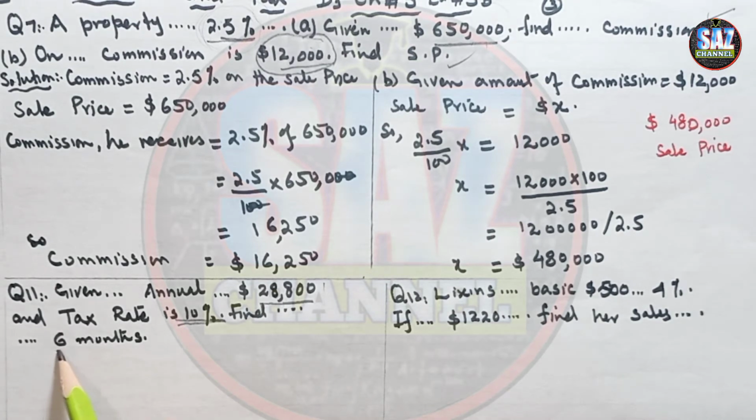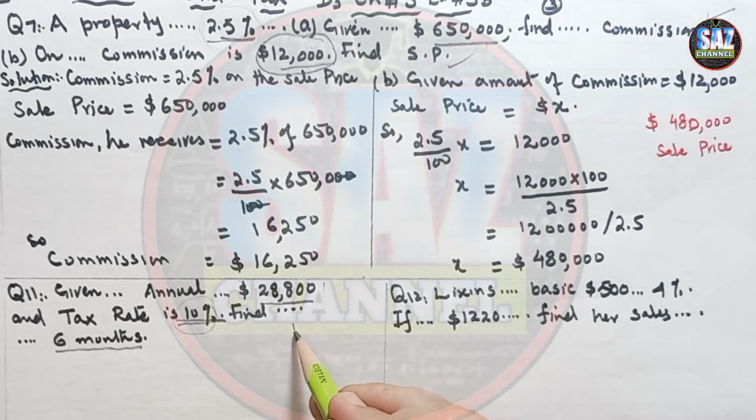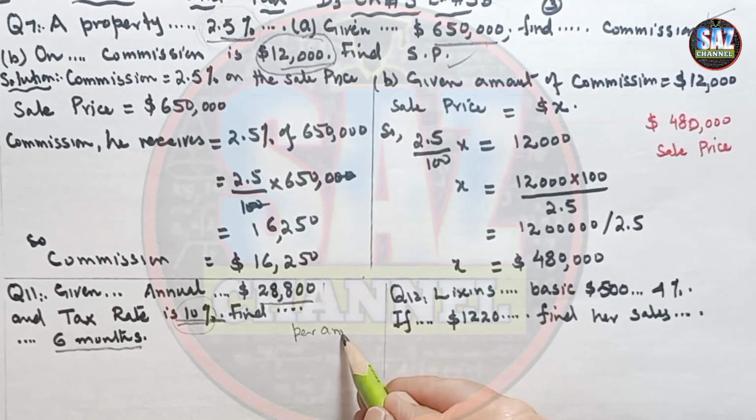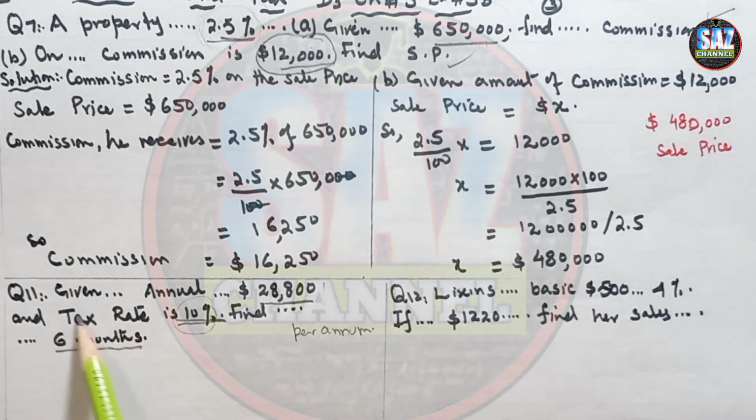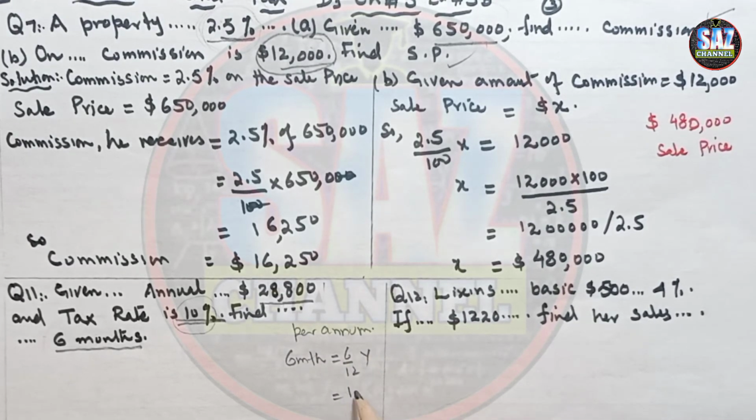Here it's important that the tax rate given to us is 10% per annum, so our time period also has to be in years. So 6 months will be equal to 6 by 12, or half a year.